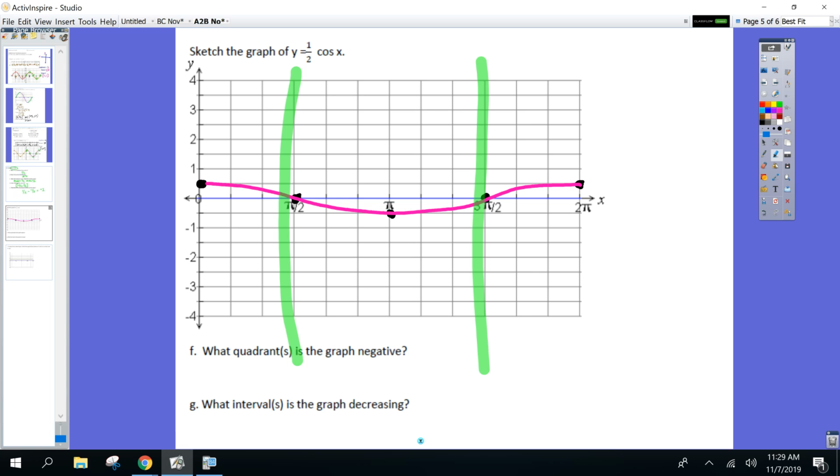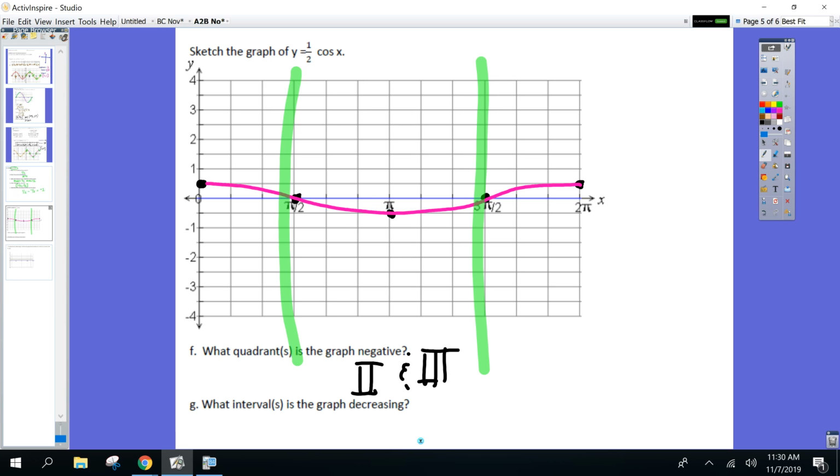In degrees? 90 to 3 pi over 2, 270. So from 90 to 270, what quadrants am I going through? 2 and 3. And again, you didn't need to use the graph for that. We could have used ASTC, right? And people could have easily told me 2 and 3.